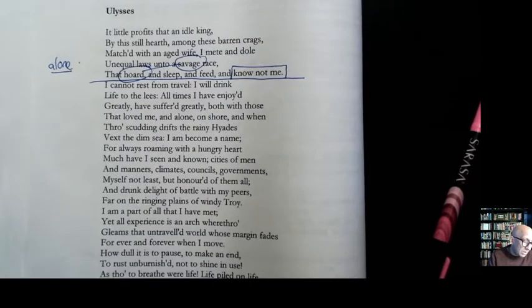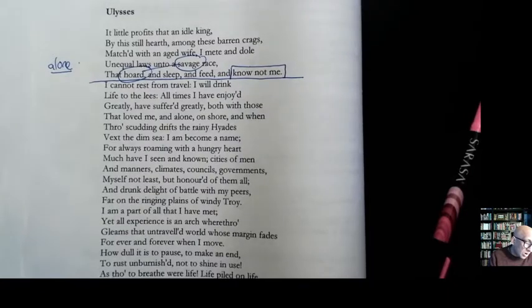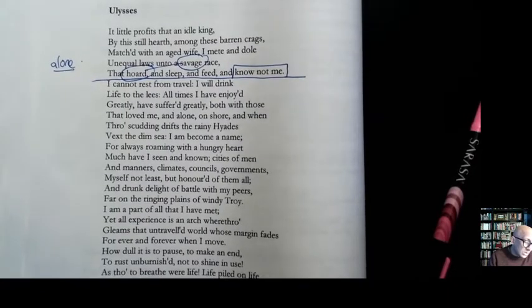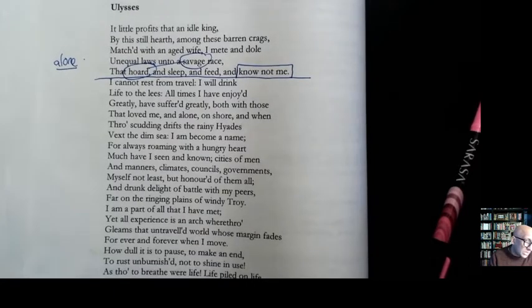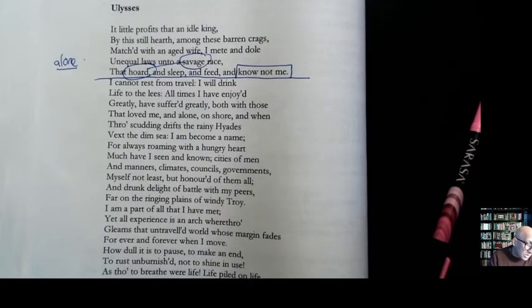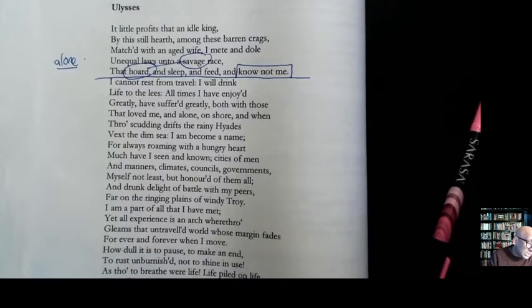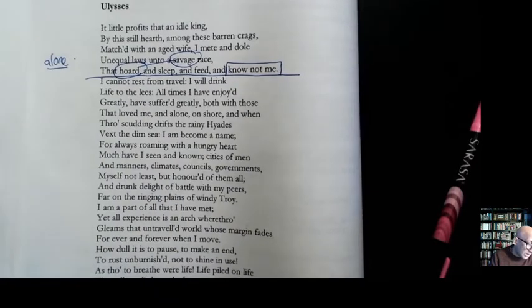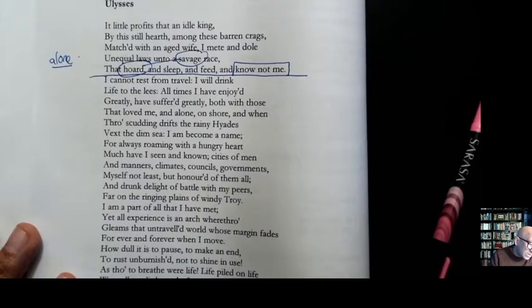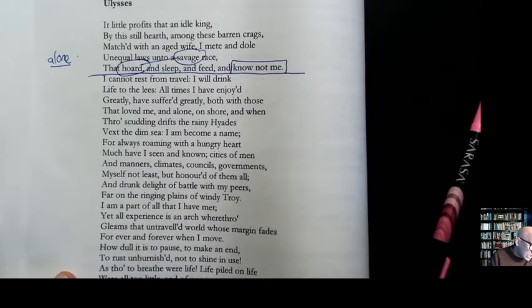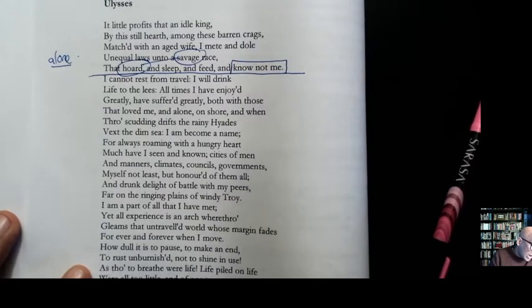I'm become a name, for always roaming with a hungry heart, much have I seen and known, cities of men and manners, climates, councils, governments, myself not least, but honored of them all, and drunk delight of battle with my peers, far on the ringing plains of windy Troy. I am part of all that I have met, yet all experience is an arch wherethrough gleams that untraveled world, whose margin fades forever and forever when I move.